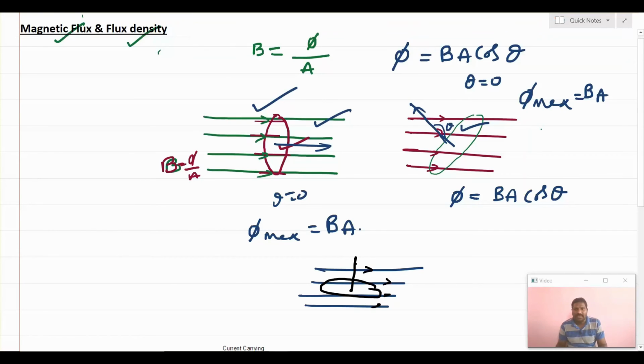So the axis of the coil makes 90 degrees with the magnetic flux lines. Here theta is equal to 90 degrees, so flux phi is equal to BA cos 90, which is equal to 0.